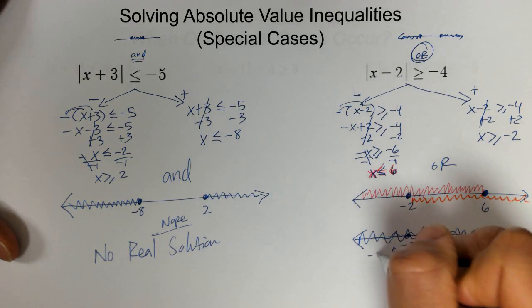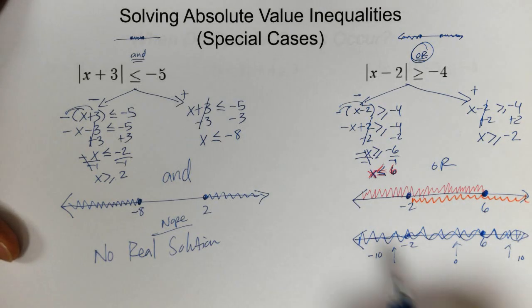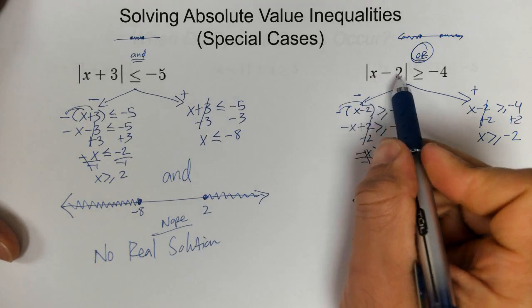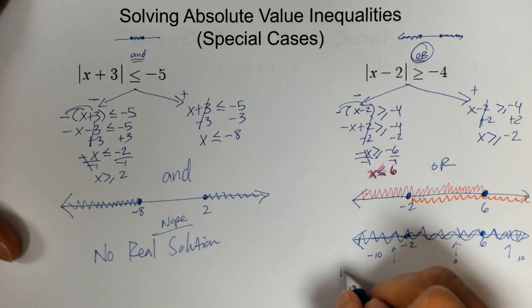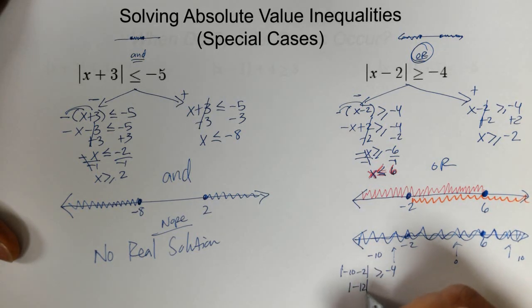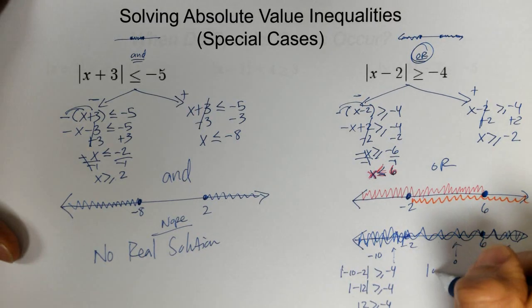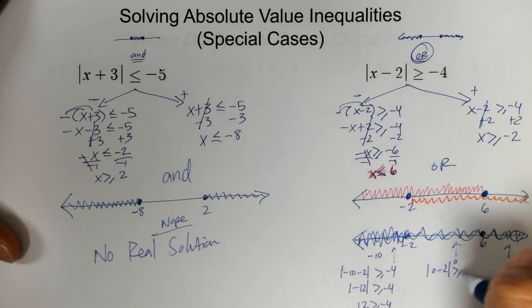Try it out. Plug in negative 10. Plug in, say, 0 and plug in positive 10. When you plug in negative 10, negative 10 minus 2 turns into negative 12. The negative 12 turns into positive 12. Is that bigger than negative 4? Yes. This is in my solution set. When you plug in 0, 0 minus 2 is negative 2.